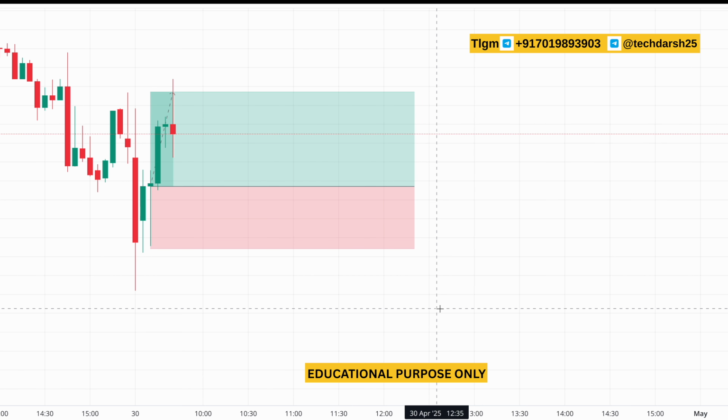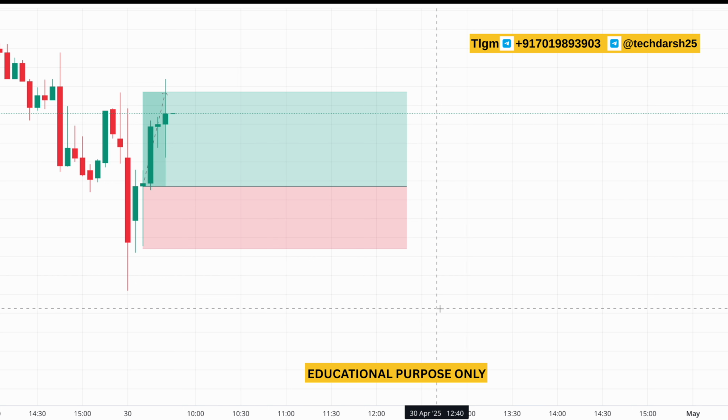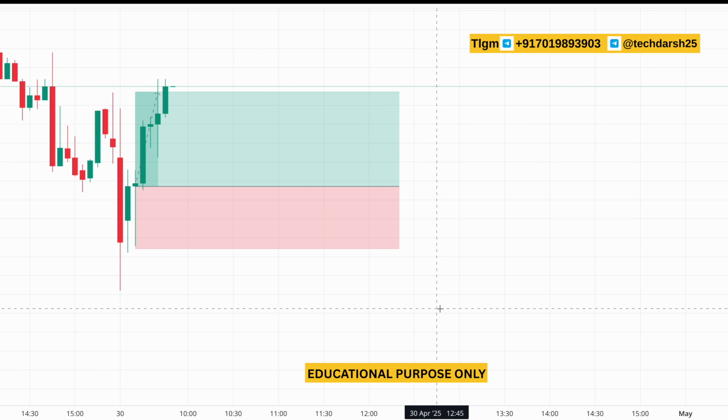Let's continue to observe whether it will break the resistance level and still go up, or take a reversal. Let's wait and watch how the price performs in this chart. As of now, from the support level to the next key resistance level we marked, it has gone up till there.